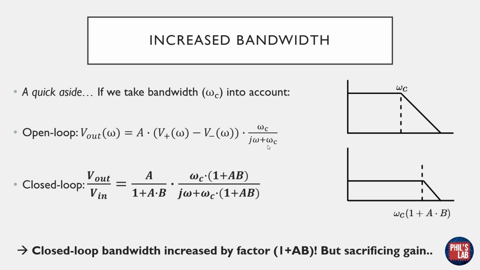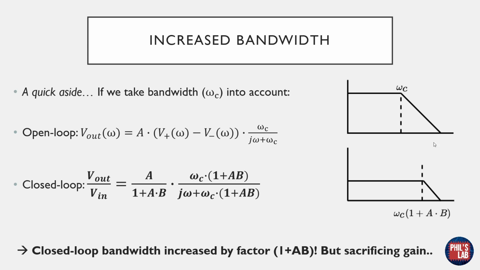Applying the math we did before, but in this case including this term, we find that we have our typical expression A over 1 plus AB, but we also have this frequency-dependent expression, which is now scaled by 1 plus AB. Now if you compare this form here to this form over here, we see that our cutoff frequency is increased by a factor of 1 plus AB. So the closed-loop bandwidth, by applying negative feedback, is increased by this factor of 1 plus AB.